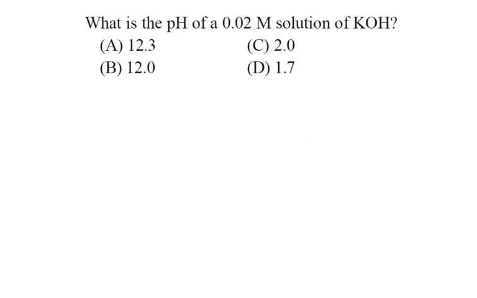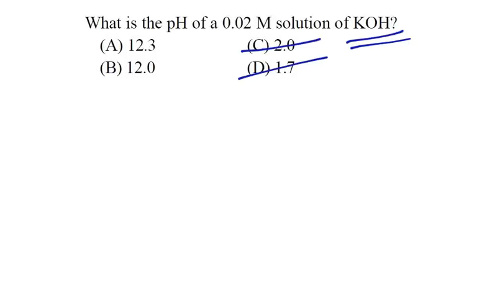Okay, look at this question for a moment. Now we're talking about the pH of a base, KOH. So the first thing we should do is say, okay, the pH is definitely going to be greater than 7, so you can eliminate those two answers.